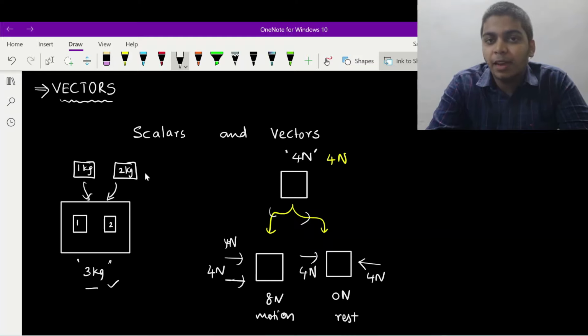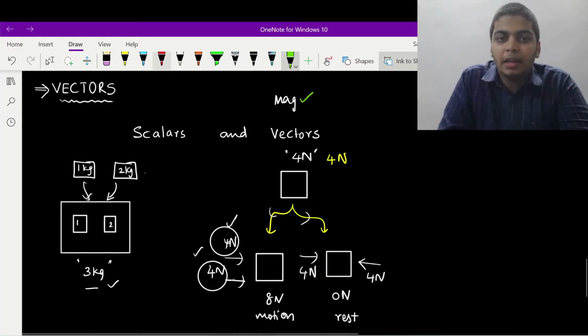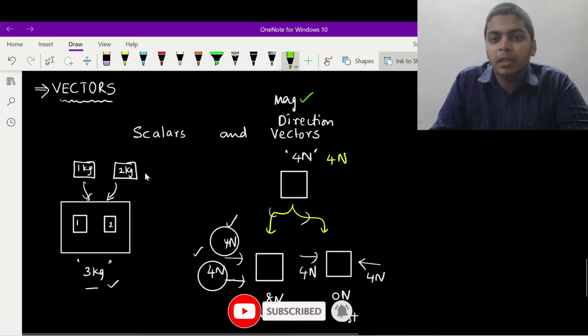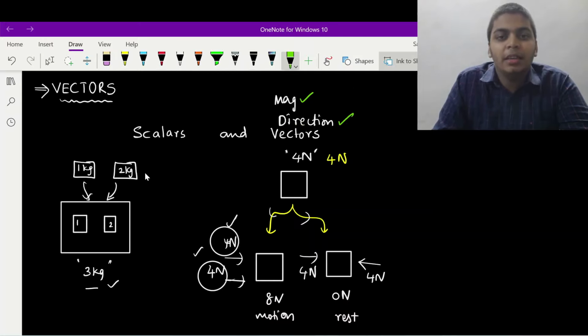Any physical quantity which depends on the magnitude, so 4 newtons does matter, if it is 5 newtons, the net force on the block will definitely alter. In the same way, when a physical quantity depends on magnitude and also depends on the direction in which we apply the force, when these two conditions are simultaneously satisfied, that physical quantity is known as a vector.